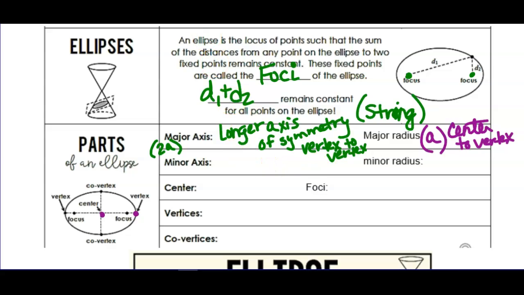All right. Now, the other guys that aren't called the vertices are called the co-vertices. Okay, they are the shorter direction here. So that's the minor axis. It's the shorter axis of symmetry. And it goes from co-vertex to co-vertex.